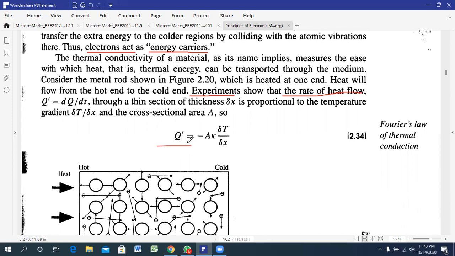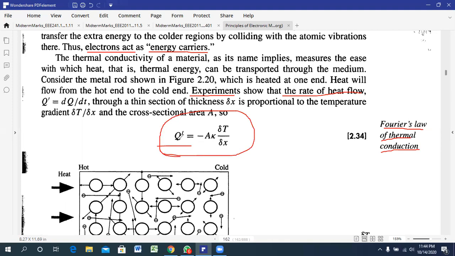Heat flow q prime should be equal to minus A, where this small k is known as kappa, kappa A delta T divided by delta x, and this formula is known as Fourier's law of thermal conduction. Look, this formula is known as Fourier's law of thermal conduction.